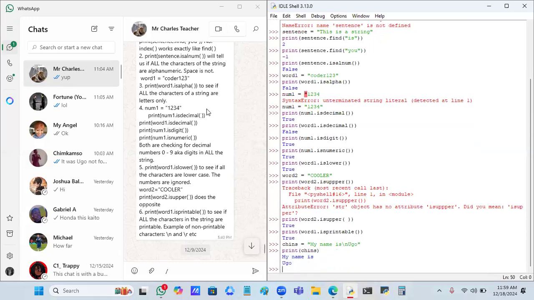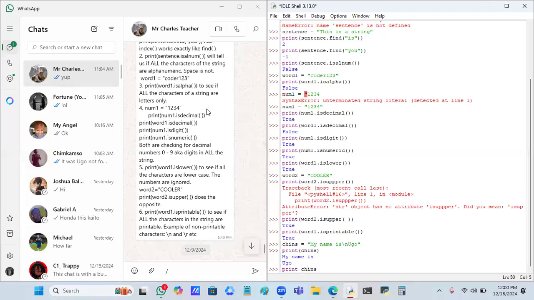What did you notice? Did you see the \n showing? No. Good. But you could see the effect, isn't it? Yes. Hold on now. Instead of printing the string, print the string dot isPrintable. Don't forget your parentheses.